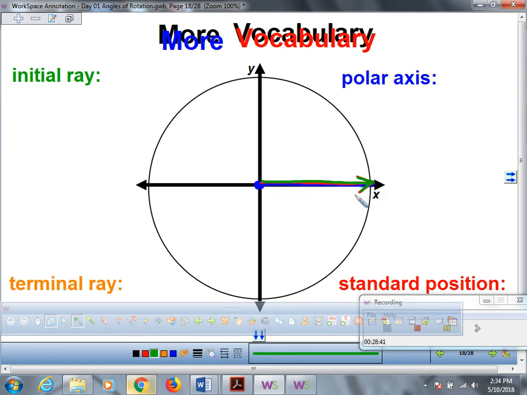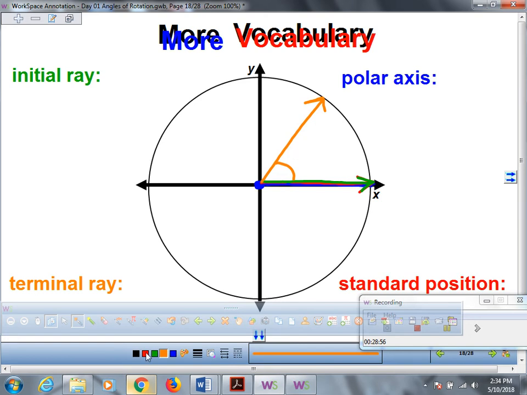Like all of those things are starting right there. But then the only way that this changes a little bit, this is the terminal ray of the angle. So this is my angle. It's in standard position because it starts at the polar axis with an initial ray and a terminal ray. Does that make sense what I just said?